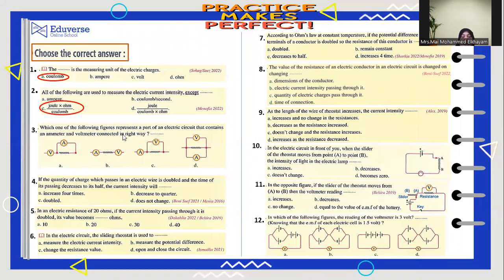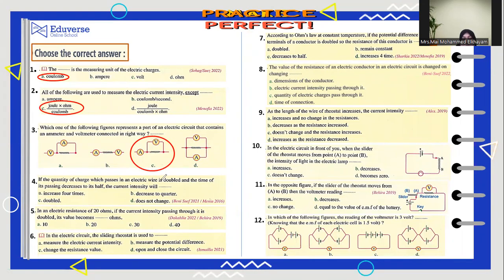Which one of the following figures represents a part of an electric circuit that contains an ammeter and voltmeter connected in the right way? Ammeter connected in series, while voltmeter in parallel. Let's apply these concepts. For sure, this is the answer. If the quantity of a charge which passes in an electric wire is doubled and the time of its passing decreases to half, the current intensity will, okay, let's now write this equation.